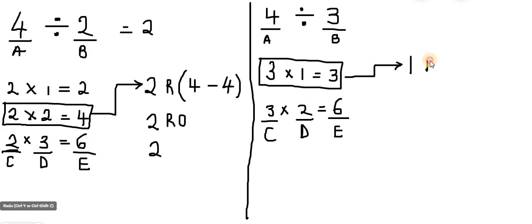And our remainder is our number above A, which is 4, minus our answer in column E, which is 3. So that's 1, remainder 4 minus 3, 1.